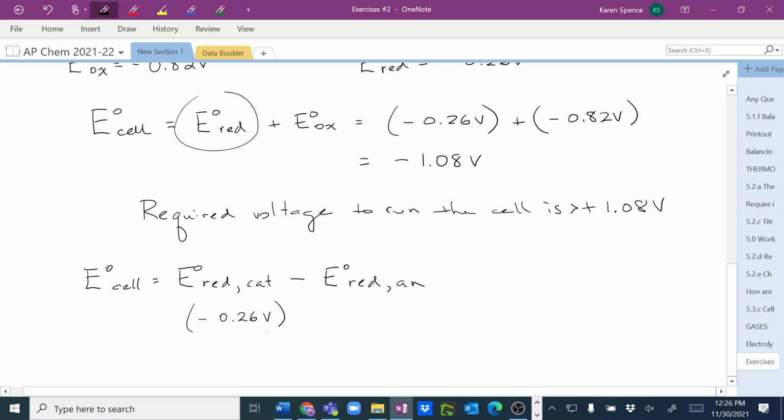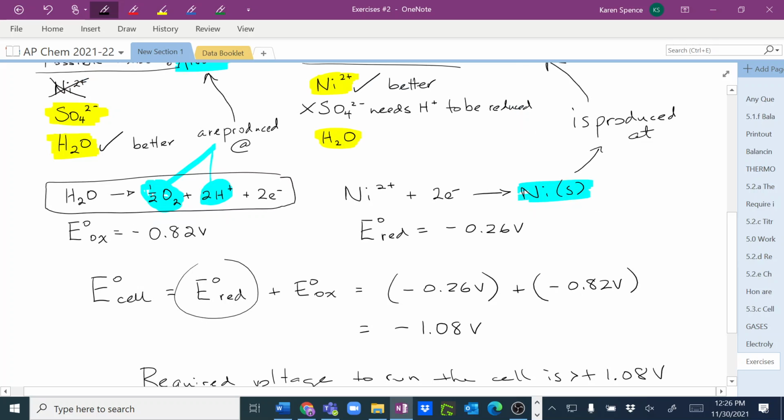However, for the anode, what we need to look at is not what's actually happening at the anode, but what the reduction reaction would be.